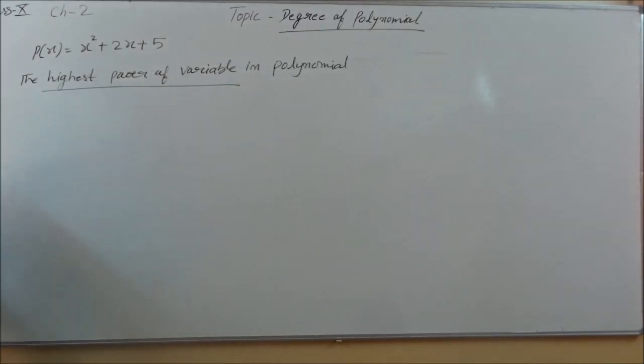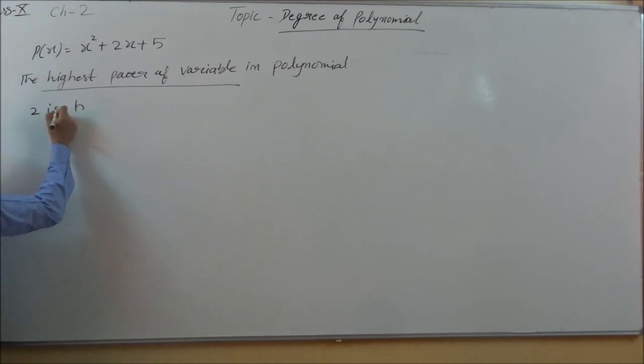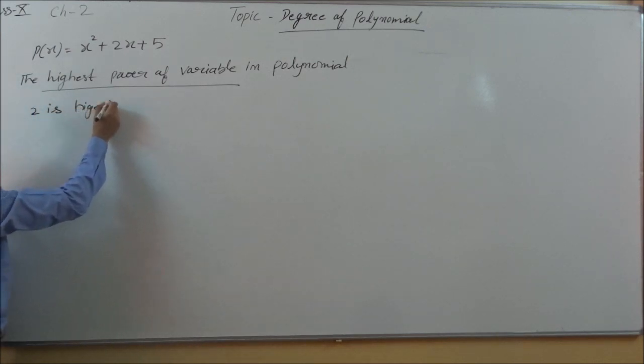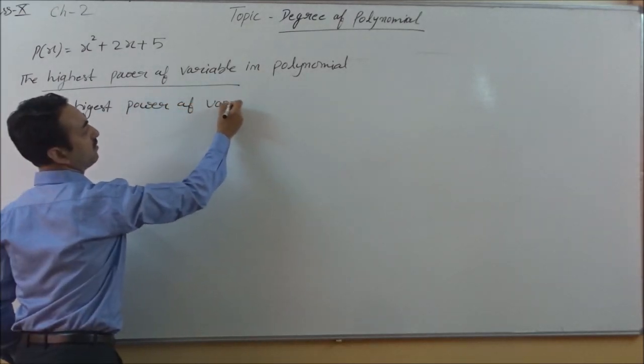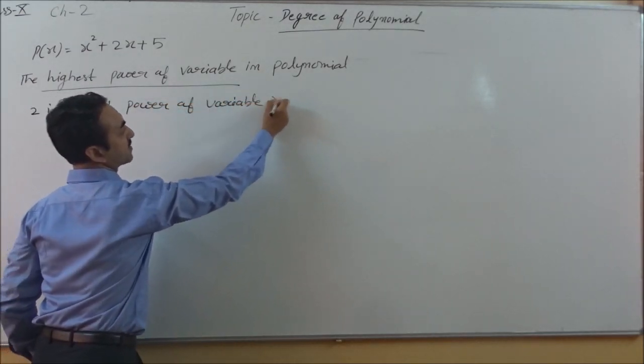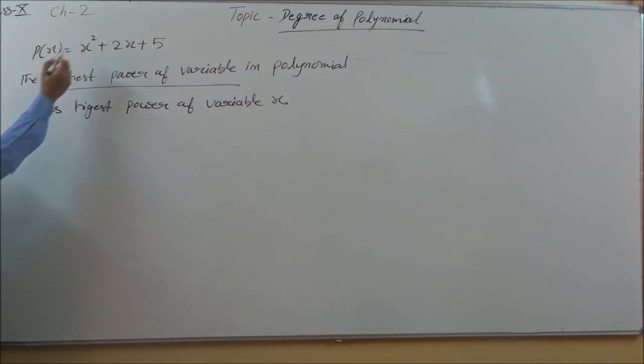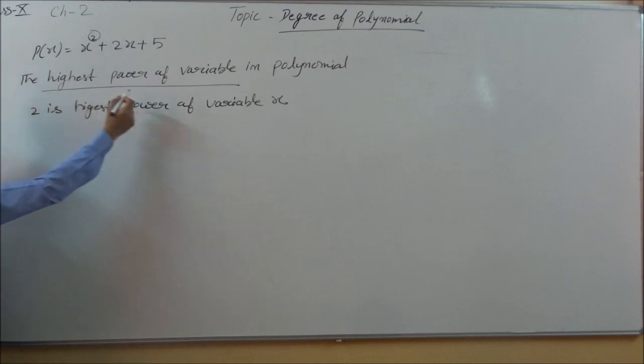So the highest power of the variable in this polynomial is 2. So 2 is the highest power of variable x. You can see here the degree of a polynomial is the highest power of the variable in the given polynomial.